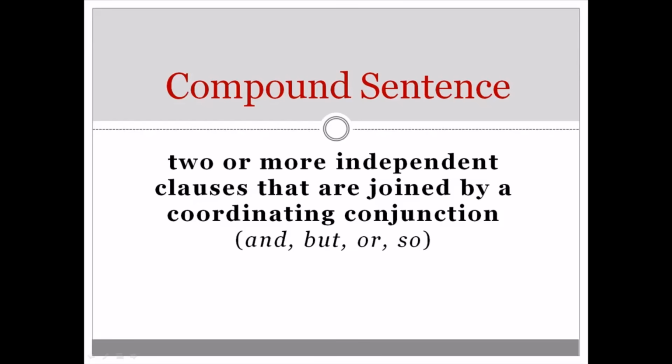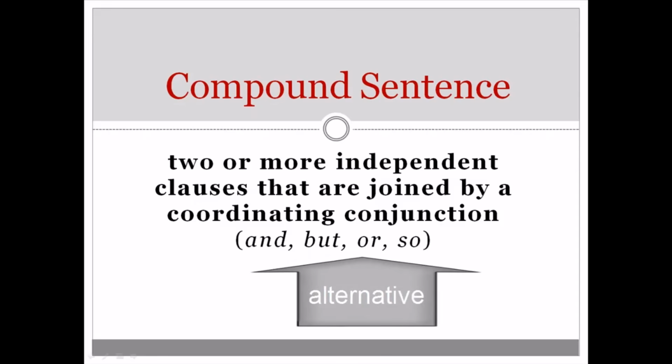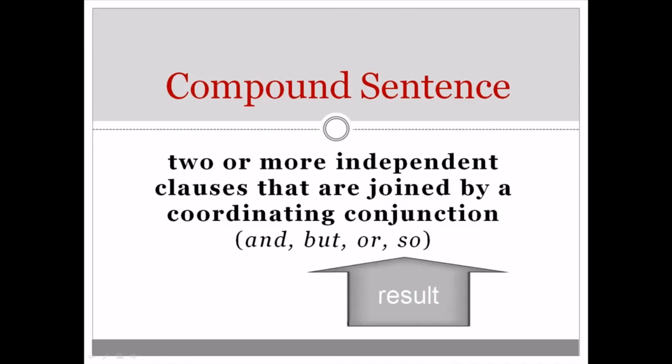In a compound sentence, then, we have independent clauses, complete ideas that could stand alone as two simple sentences. Instead, we join them together with a conjunction. The conjunction and expresses addition, but a contrast, or alternatives, so a result.